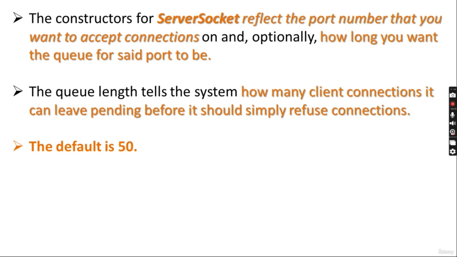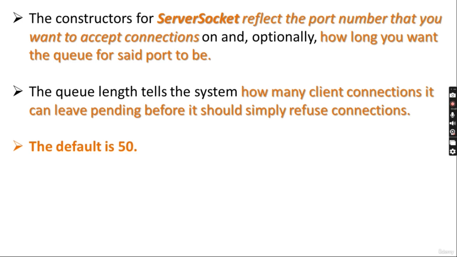The constructors for ServerSocket reflect the port number that you want to accept connections on, and optionally how long you want to queue for said port. So you specify the port number on which there will be client connections and on which the server socket will be interested to take the connection.